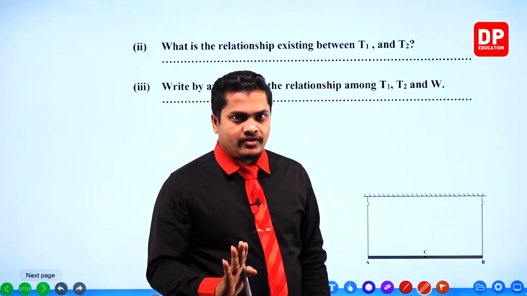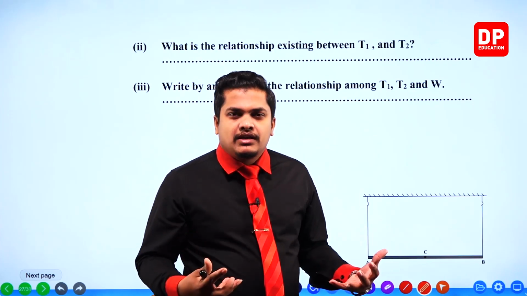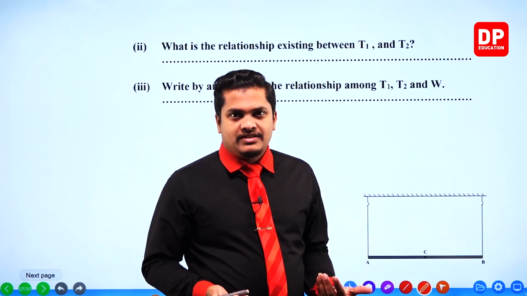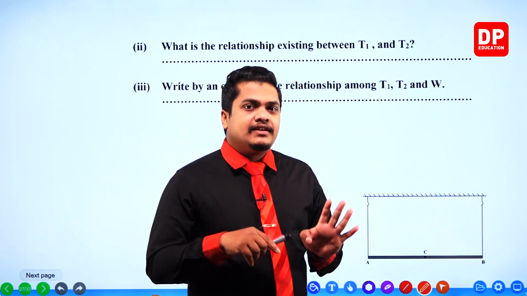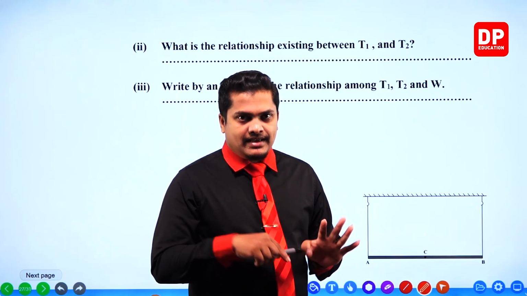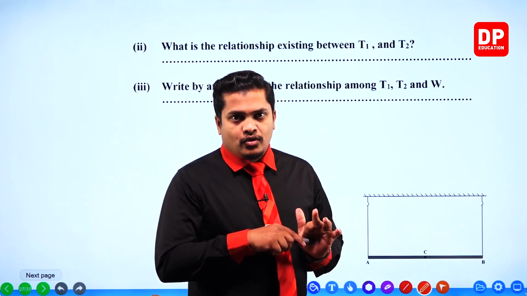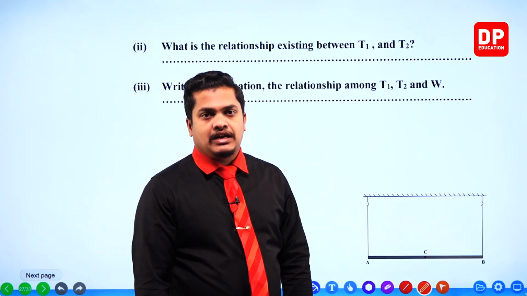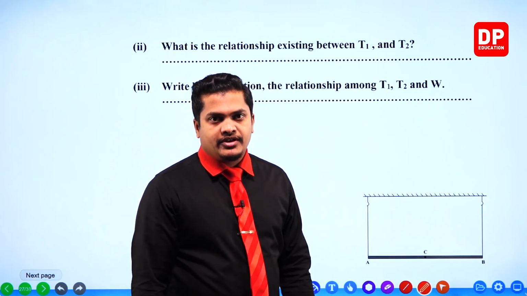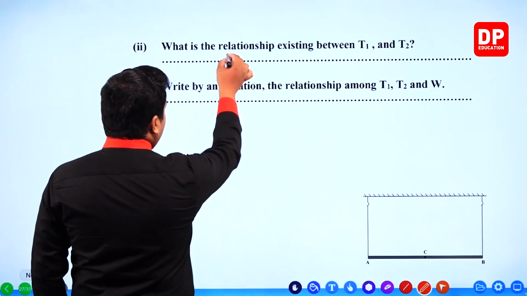That's very important. However, in our syllabus, I mean in our O levels, we receive those kinds of questions. So always, if the ropes are made of the same material and the lengths of the ropes are equal, according to the diagram given here, definitely the two tensions are equal to each other. So we can write T1 is equal to T2.